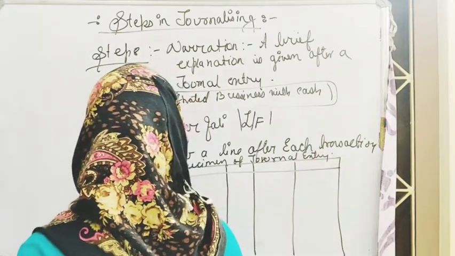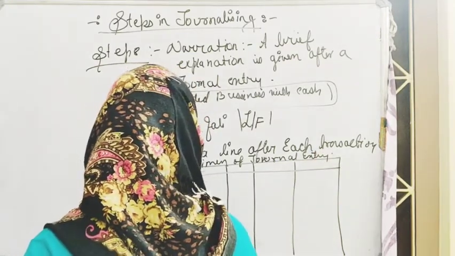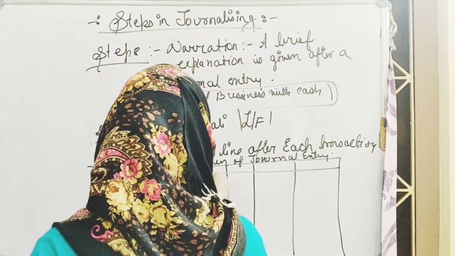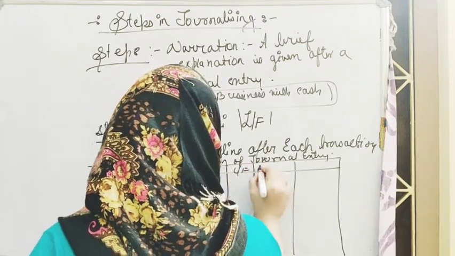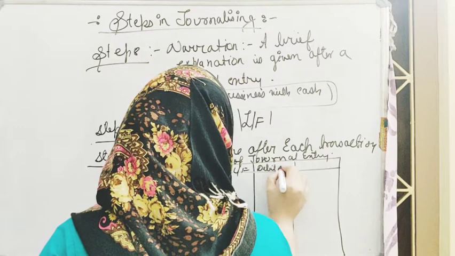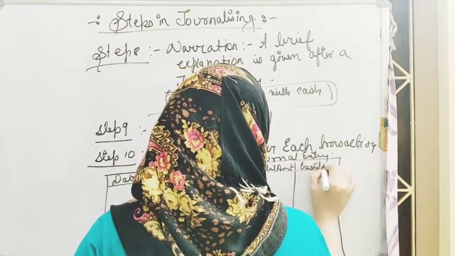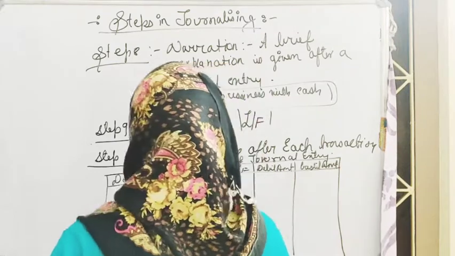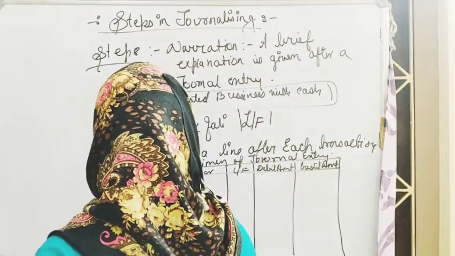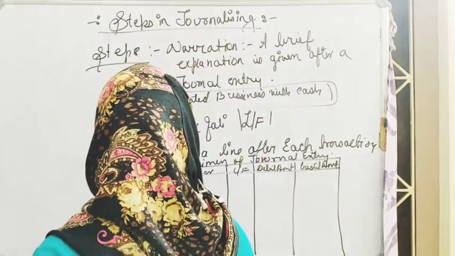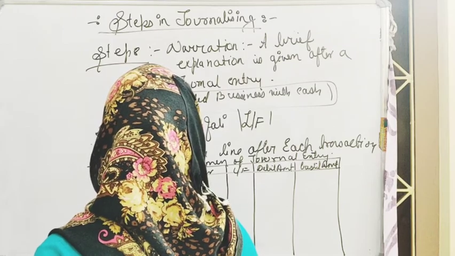That is date, particulars, LF, debit amount, credit amount. So we write the date 2020, that is 6th August.